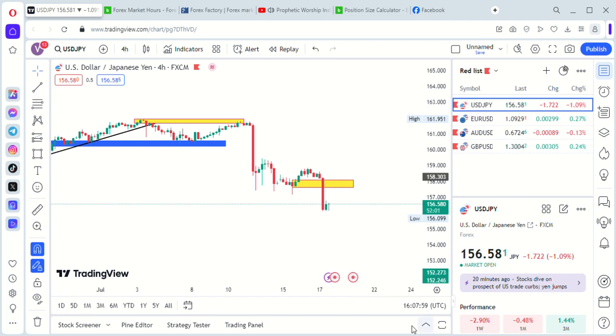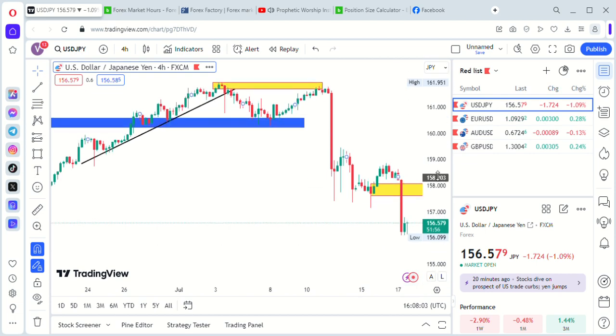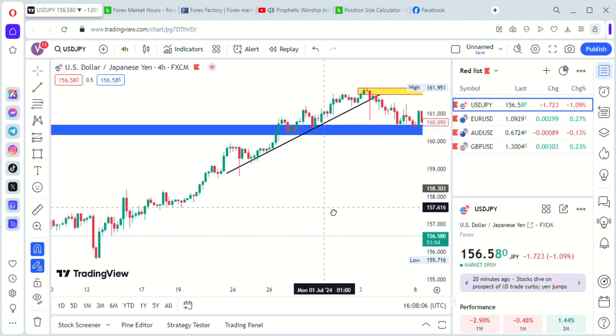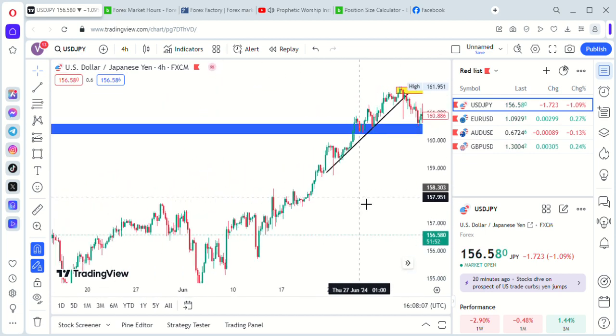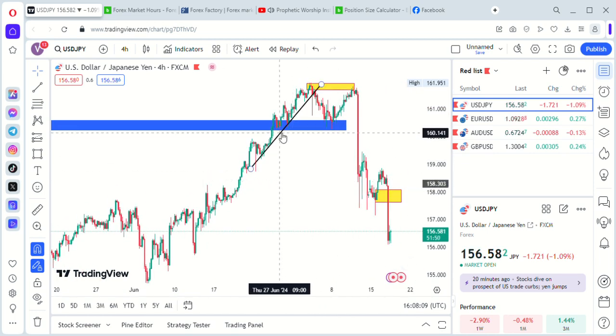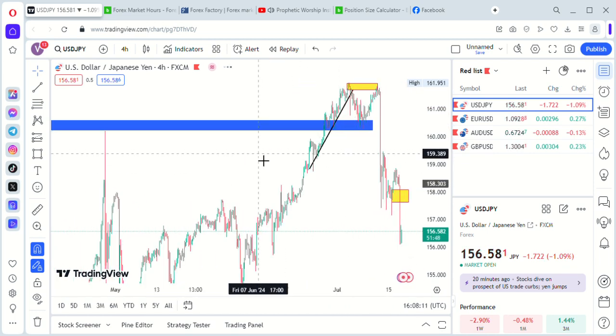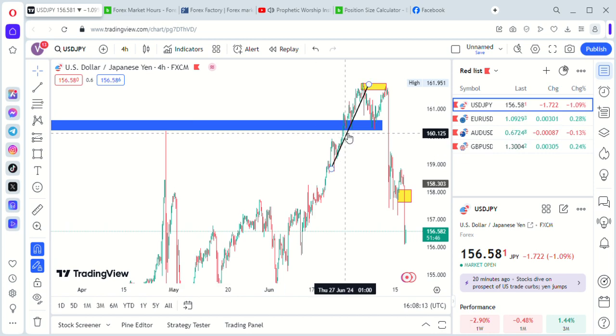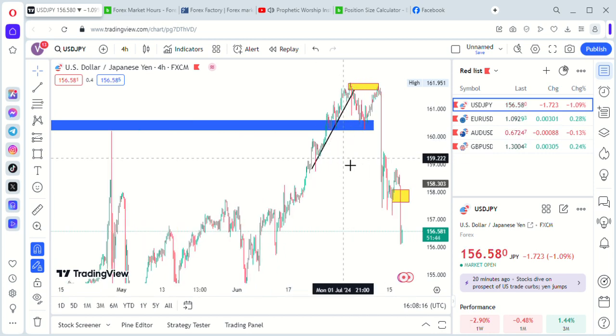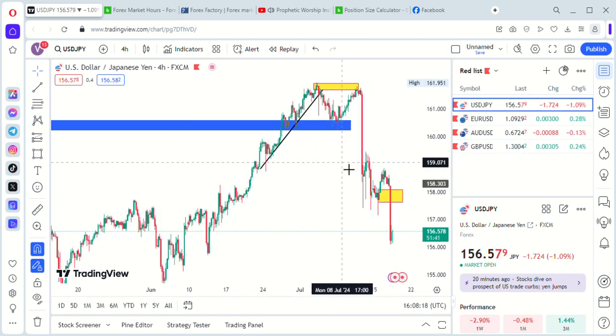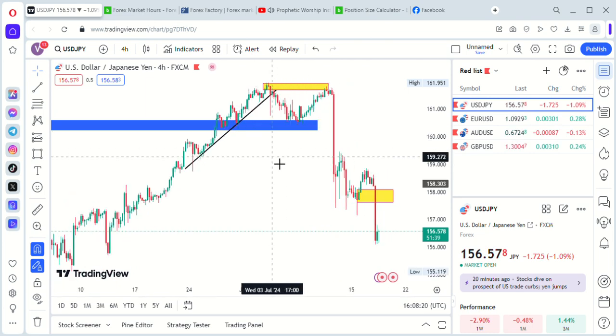And if you have been someone that has been monitoring USD JPY, you know that USD JPY came to this zone here some time ago. That was a few weeks ago, and many people sold with this.